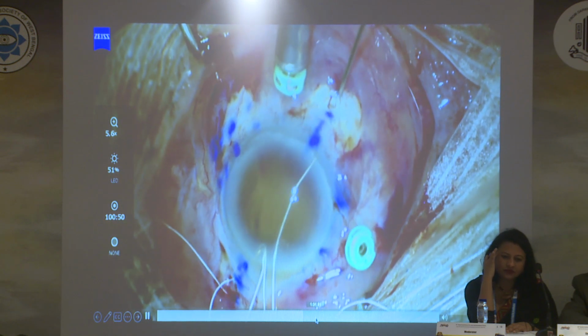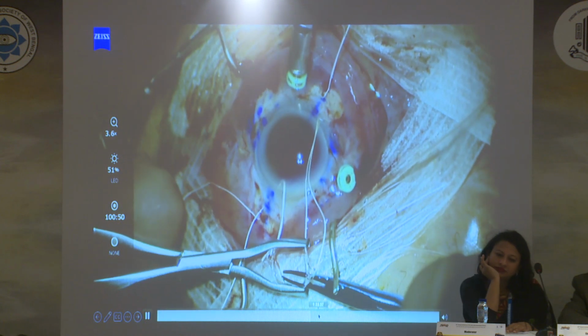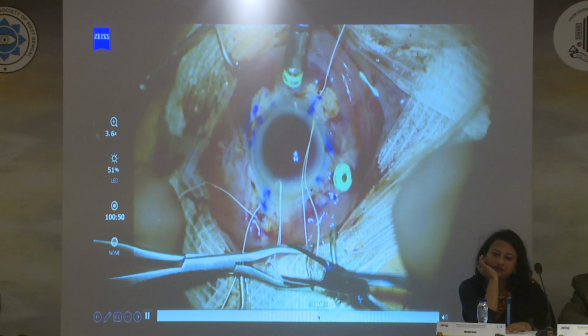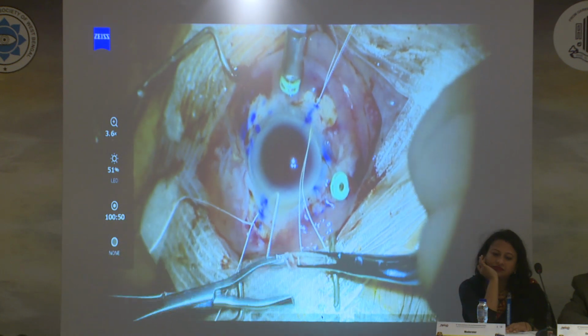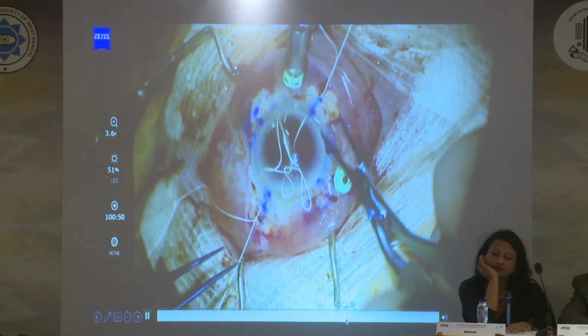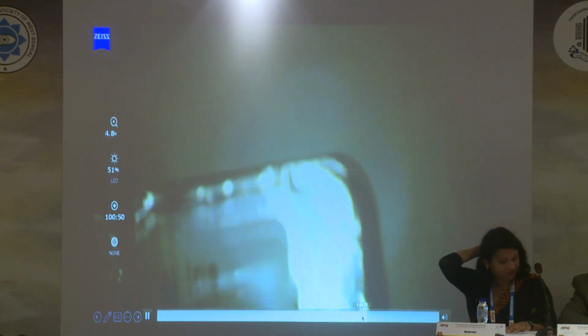After exteriorization, we make sure that there is no entangling of the sutures, and this lens is folded with a hold and fold forceps and inserted into the eye through the 2.8 millimeter incision. Careful exteriorization is done and the lens is put in place.